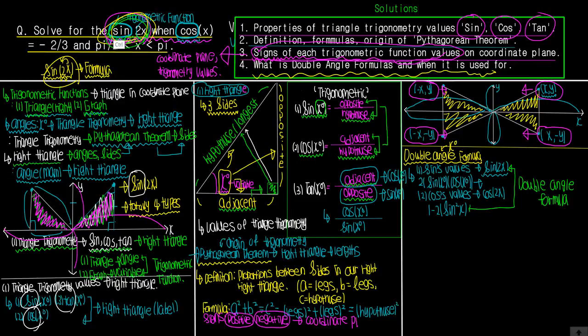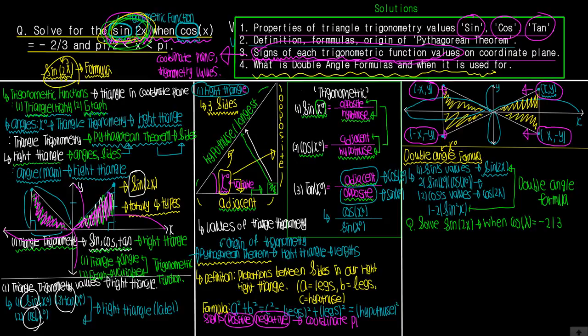And our original question was to solve for the sine of 2x. And this will happen when the cosine of our x degrees is equal to negative 2 over 3.